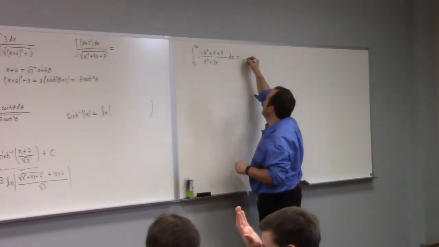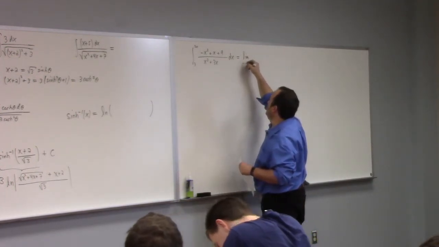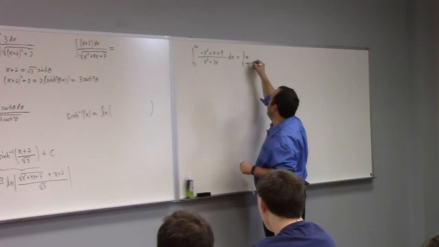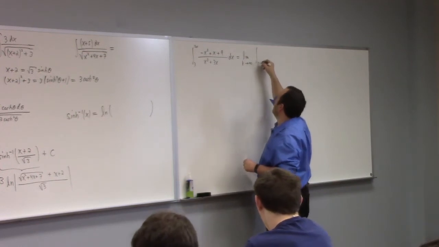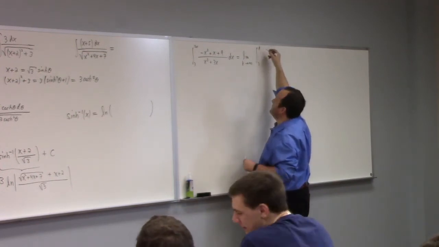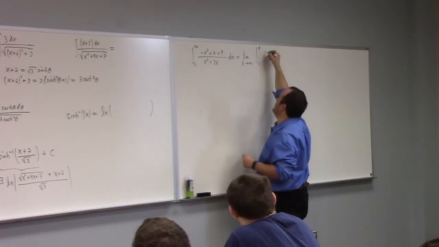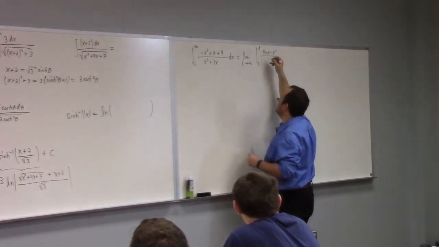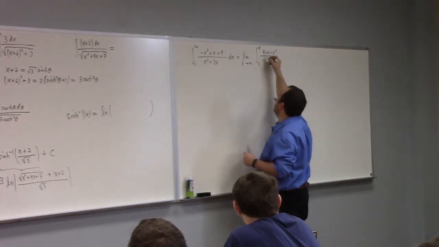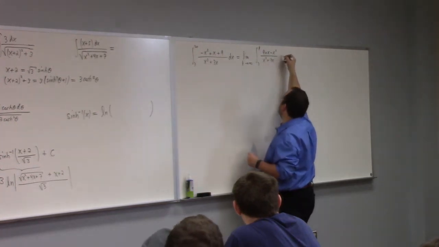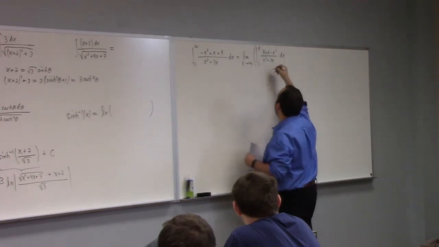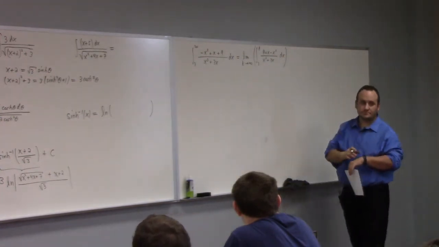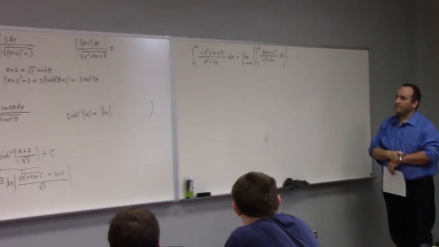And so it's going to be the limit, t goes to infinity of the integral from 3 to t of, let me rewrite that, 9 plus x minus x squared over x cubed plus 3x dx. How do you do that integral?